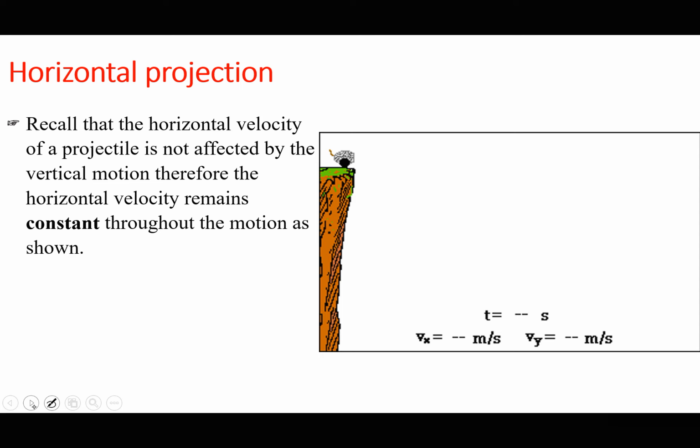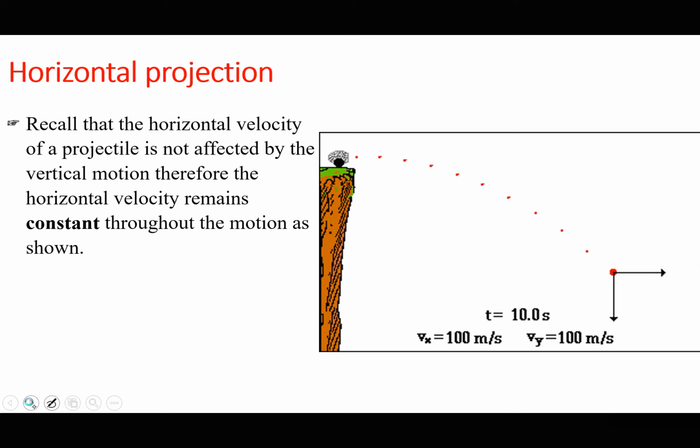So recall that the horizontal velocity of a projectile is not affected by the vertical motion. We said there is a uniform velocity in the horizontal and a uniform acceleration in a perpendicular direction. So there will be uniform acceleration in the vertical because the only force acting is in the vertical. This is what we mean by horizontal projection.